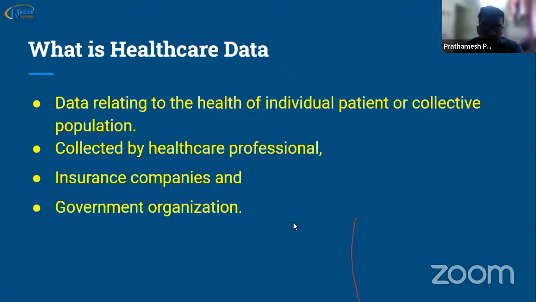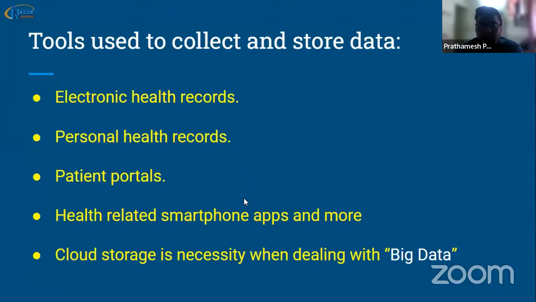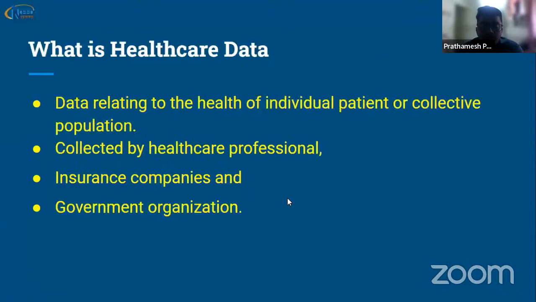Like we all know that everyone must have taken the COVID vaccine, 2 doses of the COVID vaccine. So how do you think the government comes to know that we have completed this many patients, or we have vaccinated a specific number of patients?